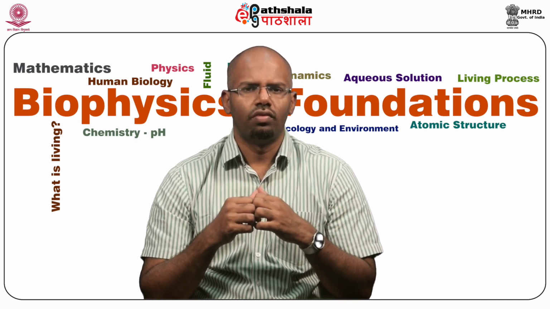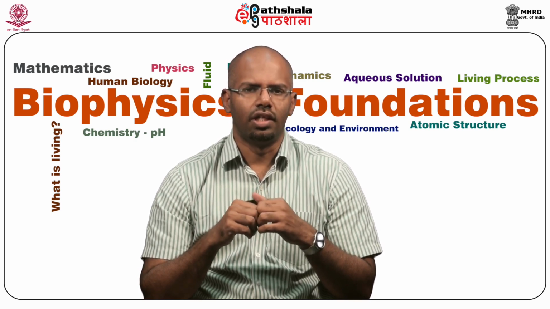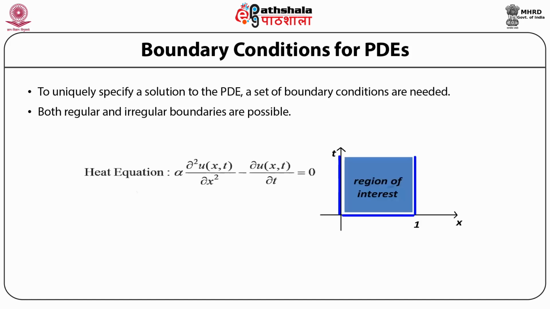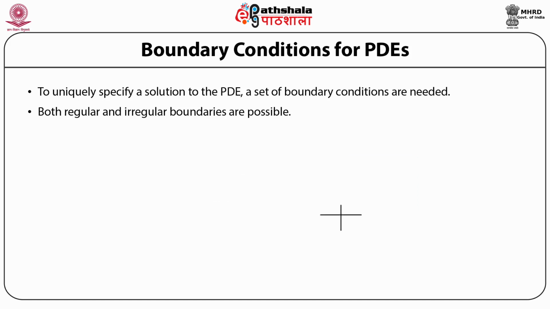One also wants to know whether the solution of the problem depends continuously on the prescribed data. We are going to see the boundary conditions for PDEs, and this is the same as for ODEs. You can see the figure, and let's say the temperature T is dependent on time t and x. So you can write u of 0 comma t is equal to 0.